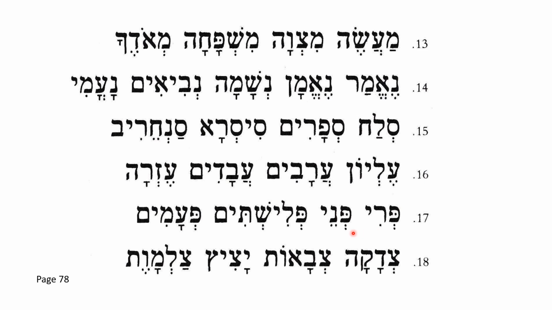Peri, Pene, Palishtim, Philistines, Palishtim. Pe'amim, Pe'amim. Line 18. Tzedakah, Tzedakah. Tzevaot, Tzevaot. Yatzitz, Yatzitz. Tzalmavet, Tzalmavet. Okay, practice on your own.